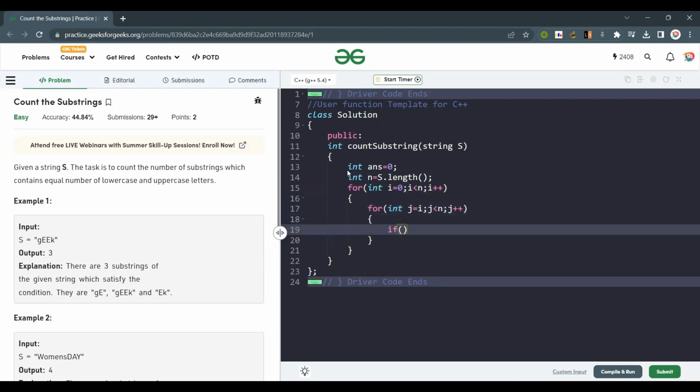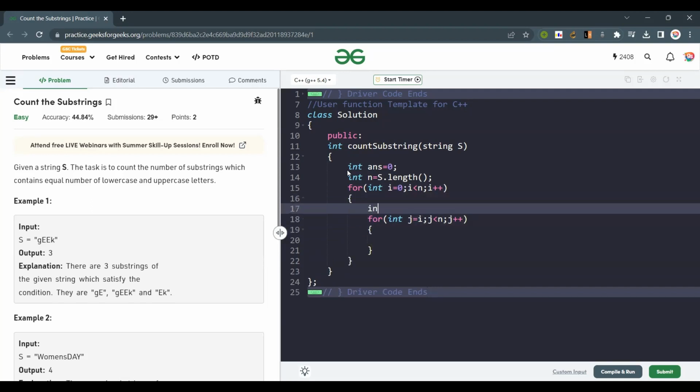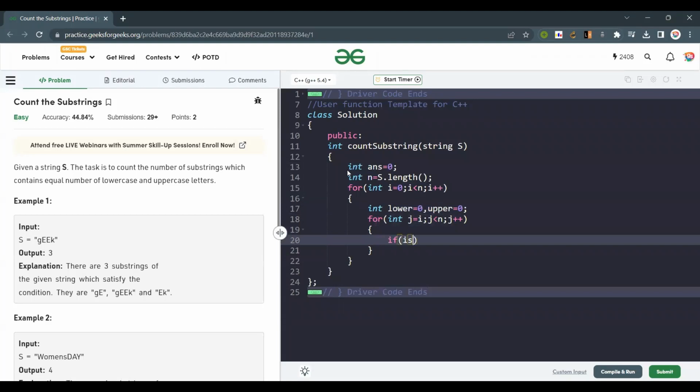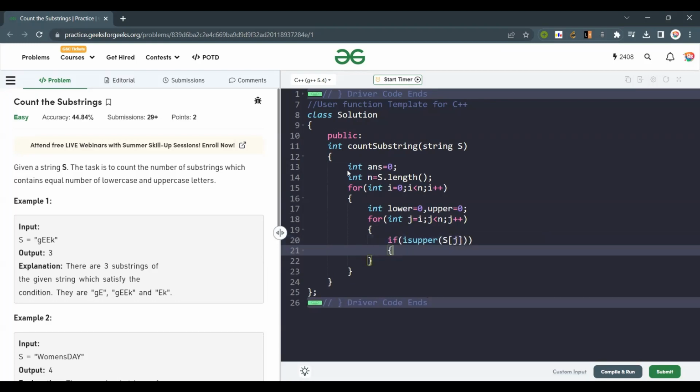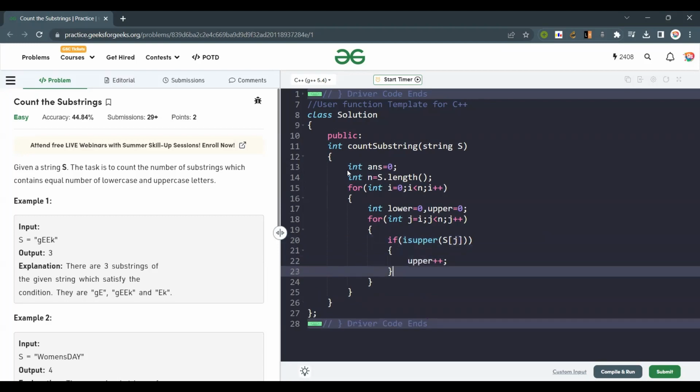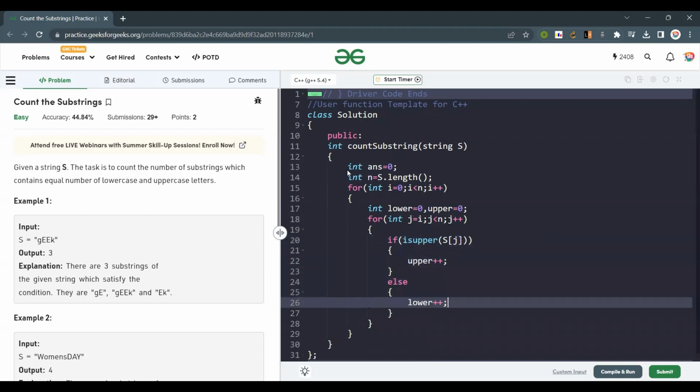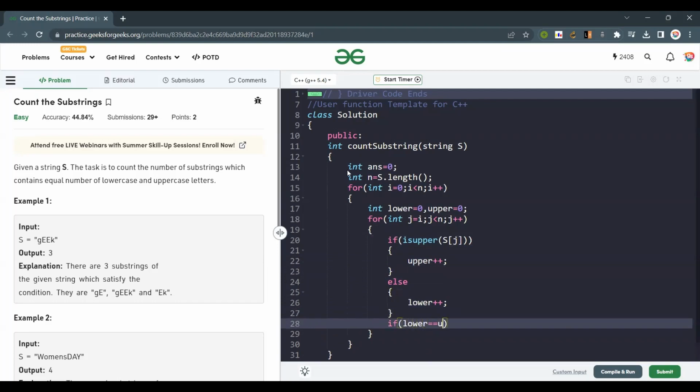I will check if s[j] is upper, using the inbuilt function, or you can check if s[j] is greater than or equal to 'A' and less than or equal to 'Z'. This is also possible. If it is upper, I will do upper plus plus, else lower plus plus. And if lower is equal to upper, I will do answer plus plus, and then return the answer.